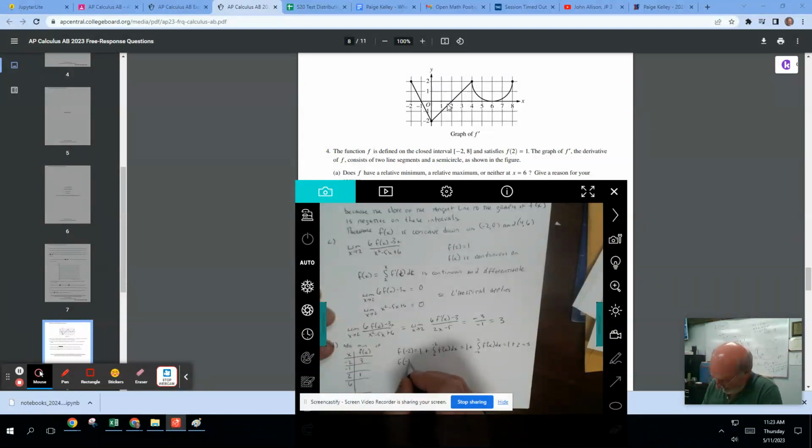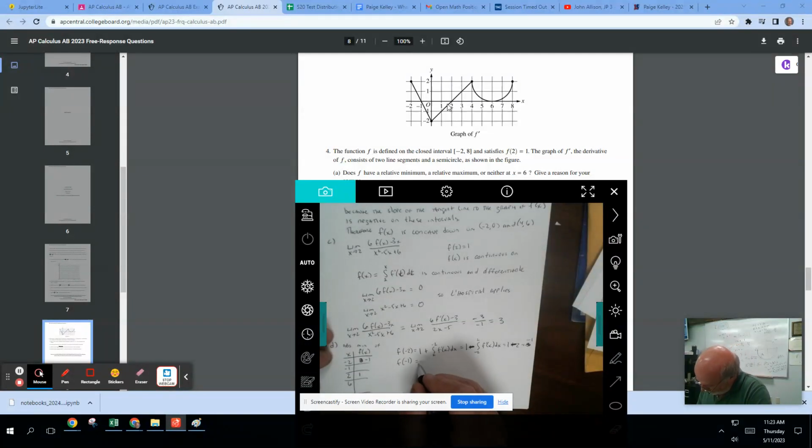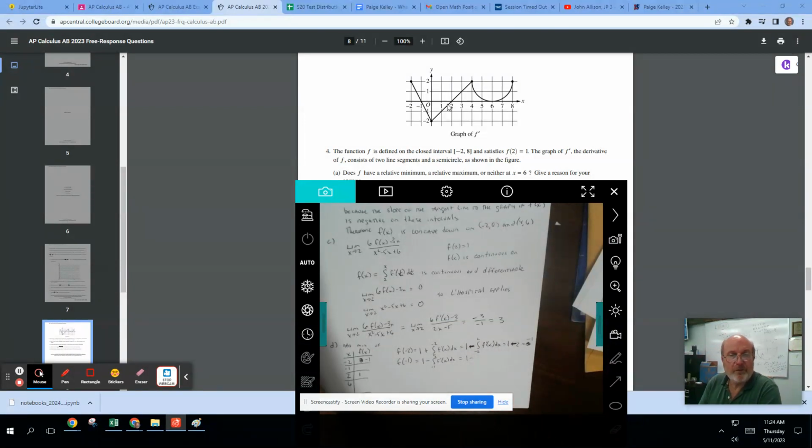F of negative 1, I should have subtracted that. That's my bad. I should have subtracted that. It's going to actually be negative 1. And f of negative 1 is going to equal 1. We're going to go ahead and subtract this and switch these. Go from negative 1 to 2, f prime of x dx equals 1 minus the integral from negative 1. Did I do that right?